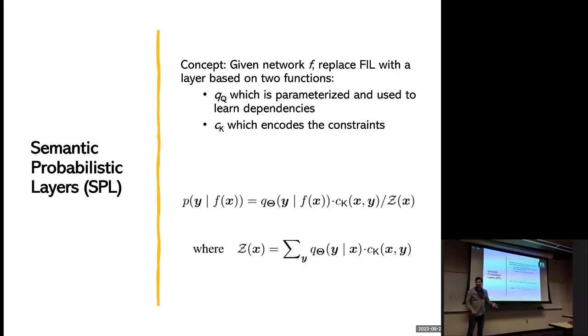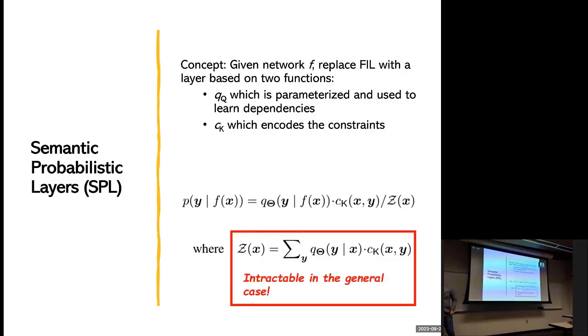If you look online at Jerry's lecture on Markov logic networks, they run into this problem. They overcome it basically by sampling, and it still results in scalability issues. But here, they overcome it by restricting what those functions look like.